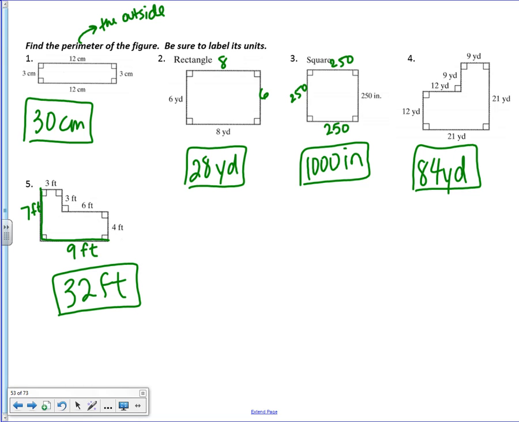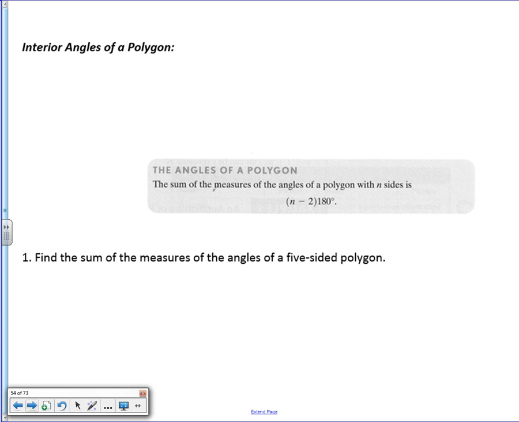Easy enough. Okay, the last thing I want to finish up with today are the interior angles of a polygon.